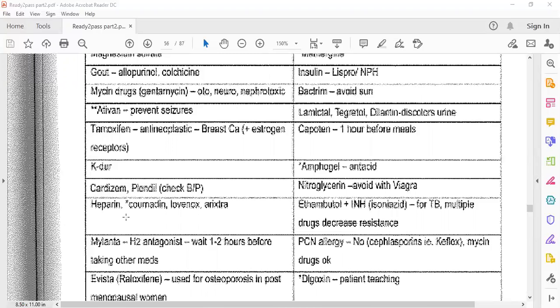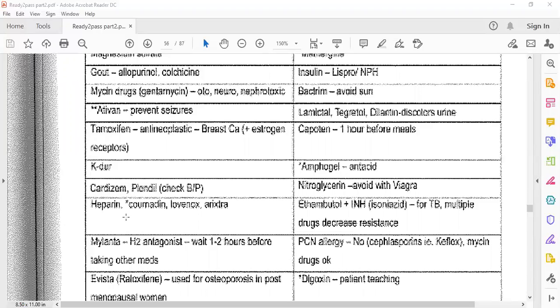Heparin basically we use in emergency cases as an injectable form, but warfarin we use orally as a maintenance dose.